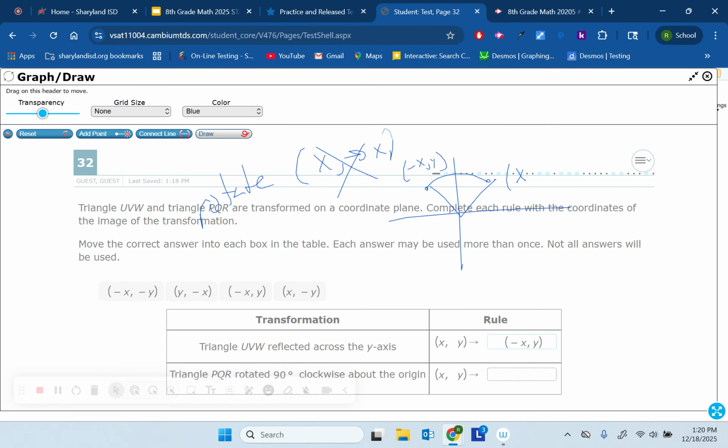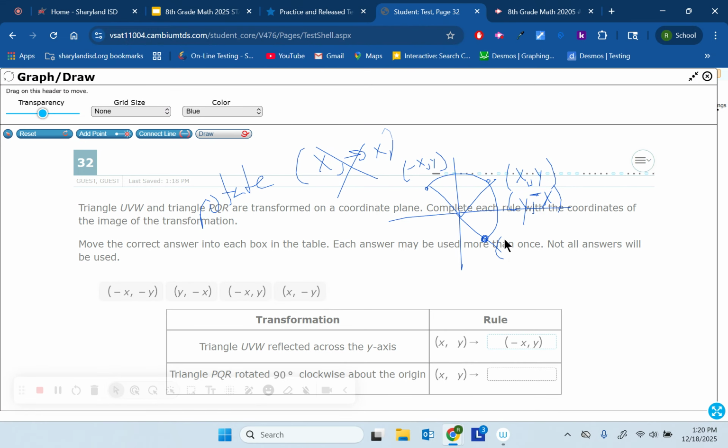But here, x and y. Is there a flip? Maybe there's this flip. There's got to be something going on with one of these guys. What flipped? The y stayed the same, but the x stayed the opposite. Let me see if that works over here.